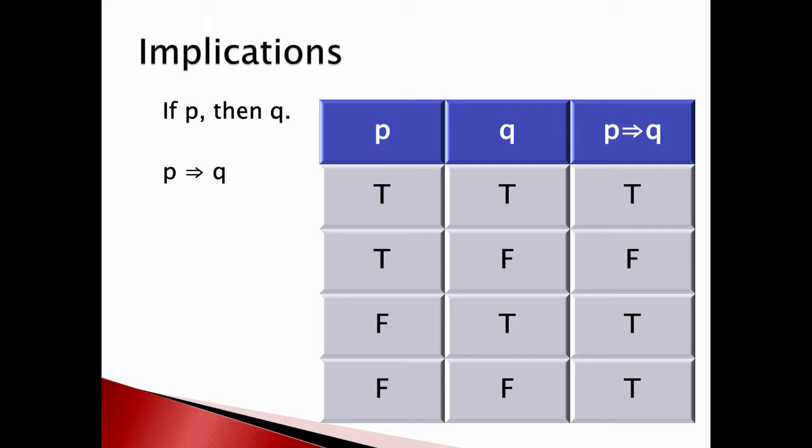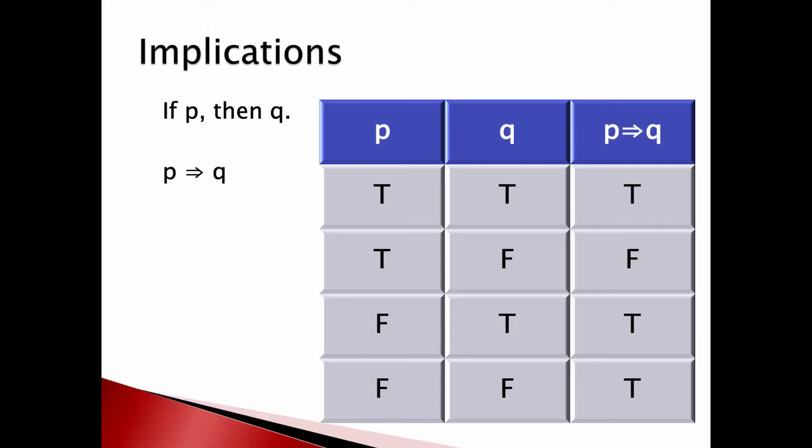So it'd be sort of like this: if 2 is odd, then this class is easy. Okay, that's a true statement because 2 is not odd. So no matter what comes after, the whole thing will be true. Okay? That's what we call something being vacuously true. That's a fancy word, but kind of fun to say.